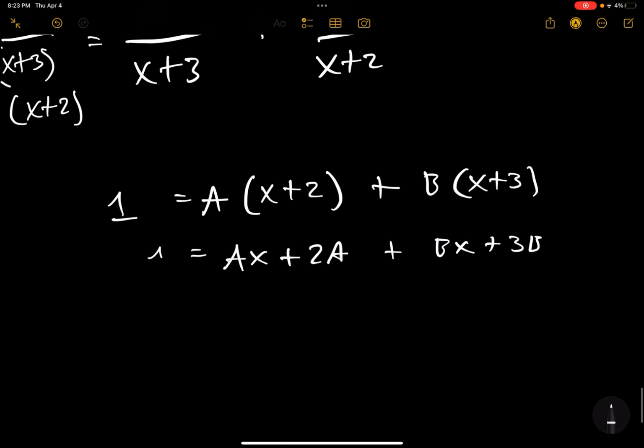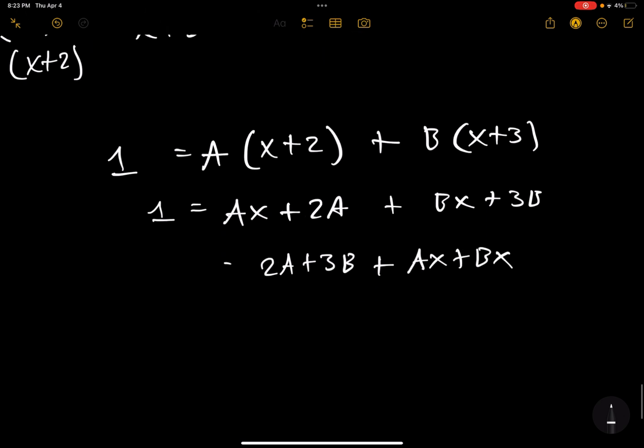And now we just compare coefficients. We know that 2a plus 3b, because they're just integers, plus ax plus bx equals 1. That means that 1 equals 2a plus 3b, and 0 equals ax plus bx.